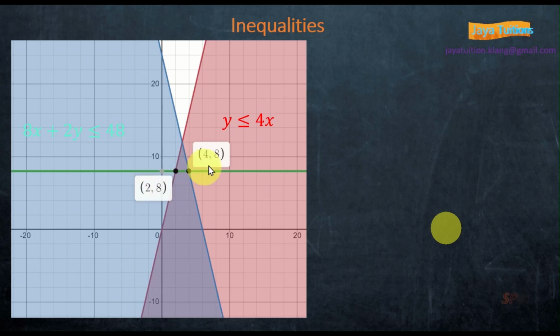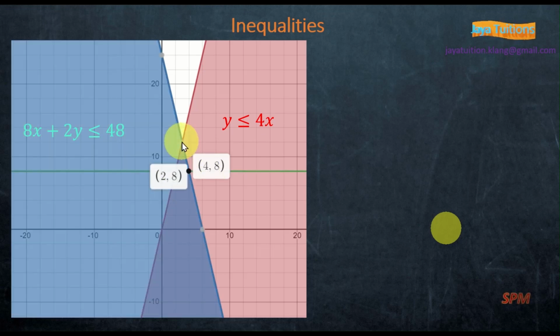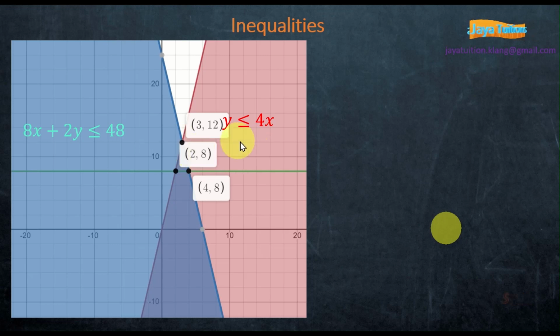So these are the two important things. When 8 apples are purchased, a maximum of 4 watermelons and a minimum of 2 watermelons can be purchased. The maximum comes over here, that is the point 3, 12. So 12 apples and 3 watermelons can be purchased. That is the maximum.